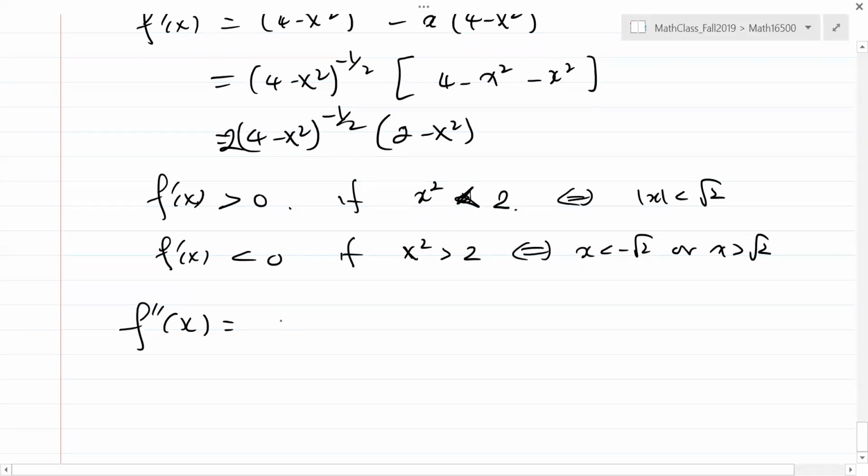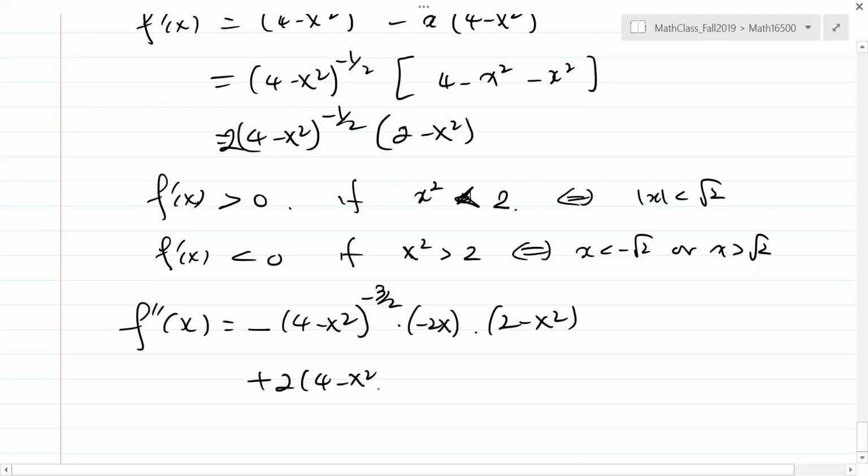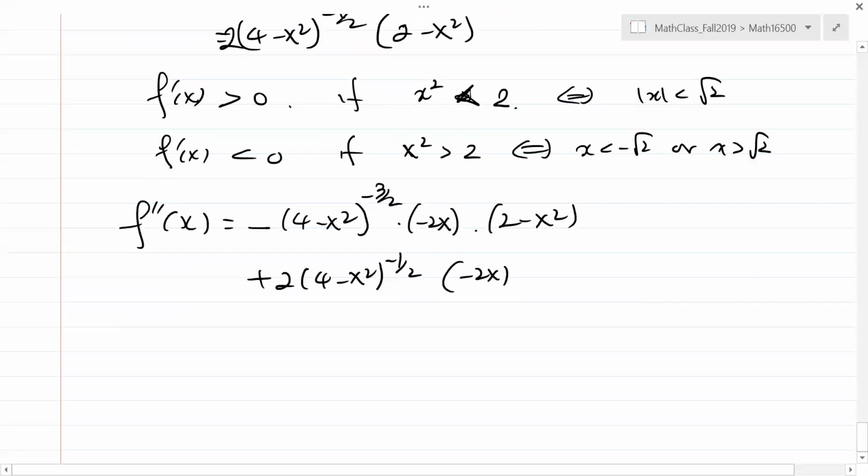Okay, it's going to be the first one. That will be negative (4 minus x squared) to the negative 3/2, and I get negative 2x. And plus (4 minus x squared) to the negative 1/2, negative 2x. All right. So now we have to take things out.